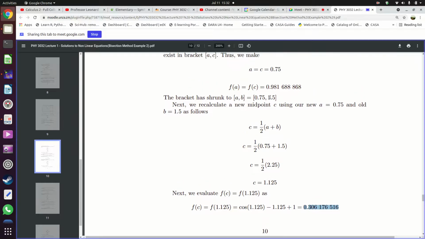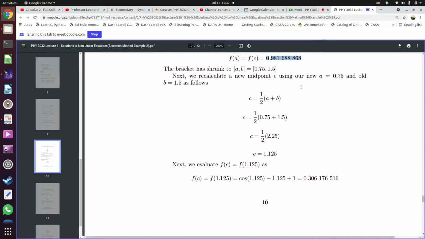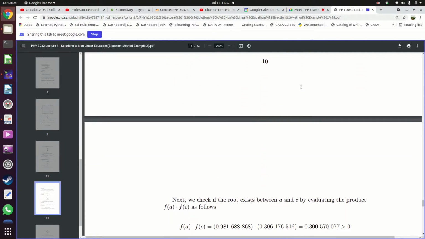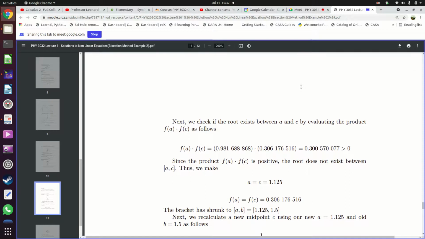Our function at f of A is positive. So we check if there is a solution between A and C. Our A is 0.75.